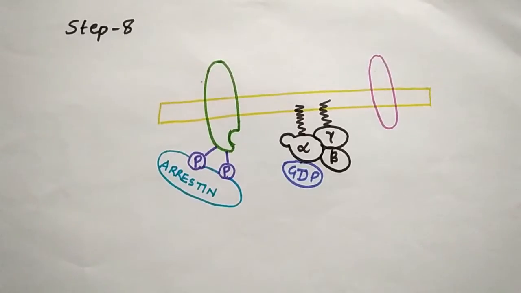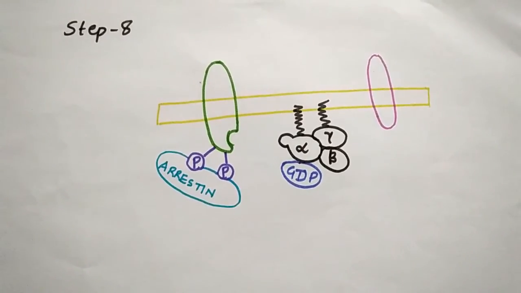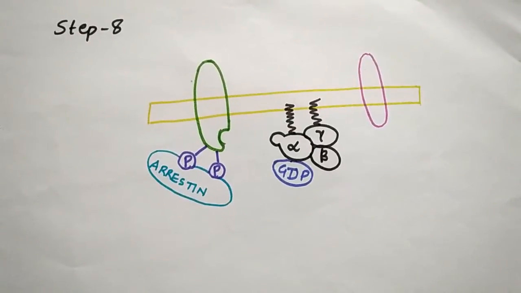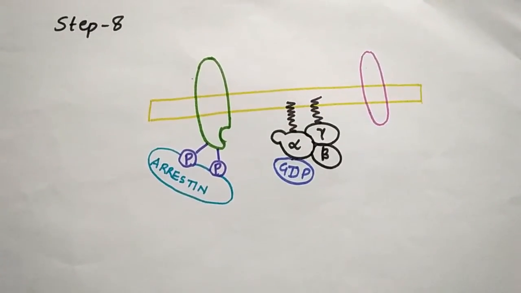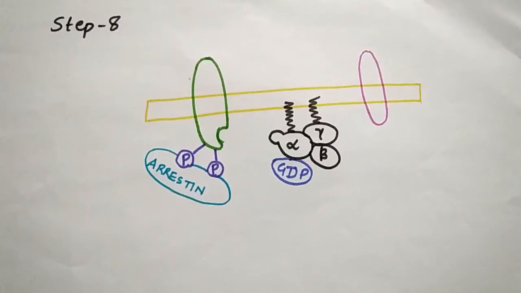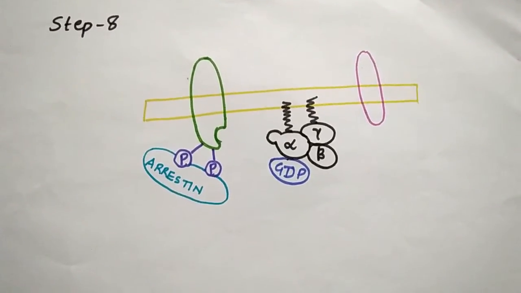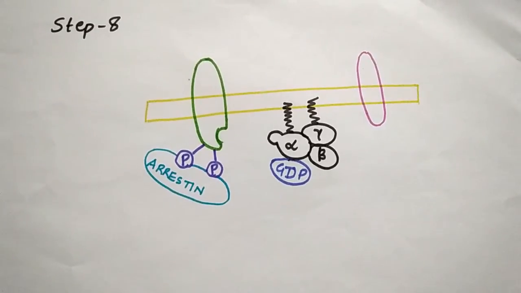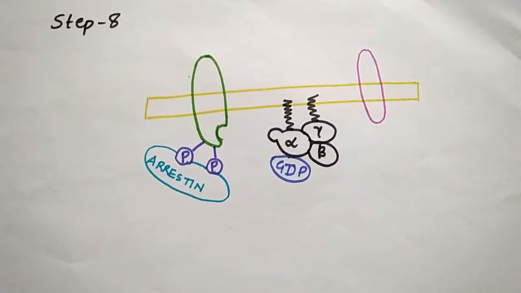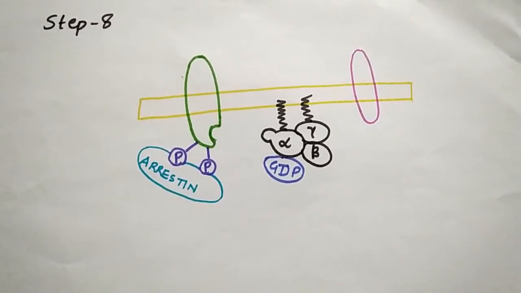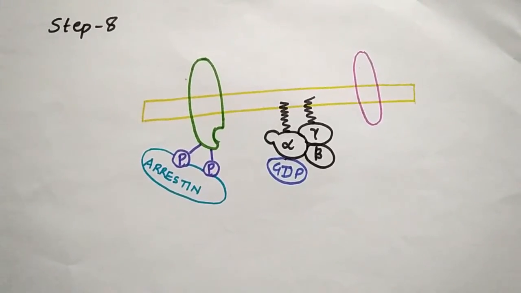Now, the phosphorylation of the GPCR sets the stage for the second step, the binding of proteins called arrestins, which bind to the receptors and compete for the binding with the heterotrimeric G proteins. Via these steps, the secondary messengers produced in turn activate different signaling protein molecules.